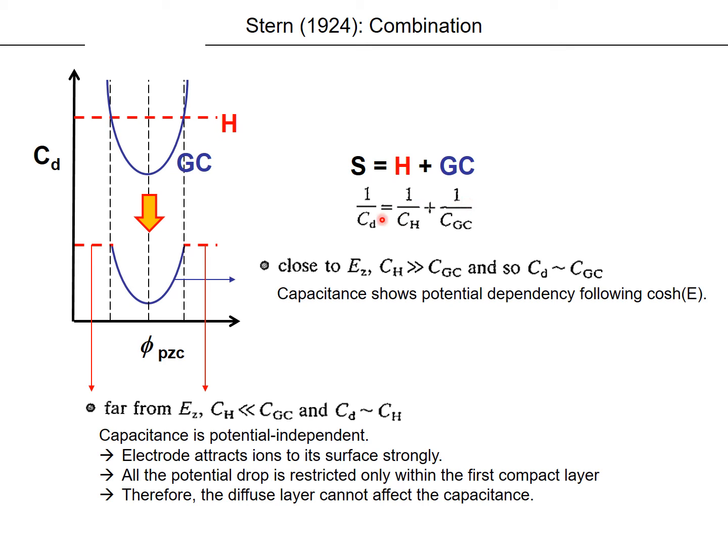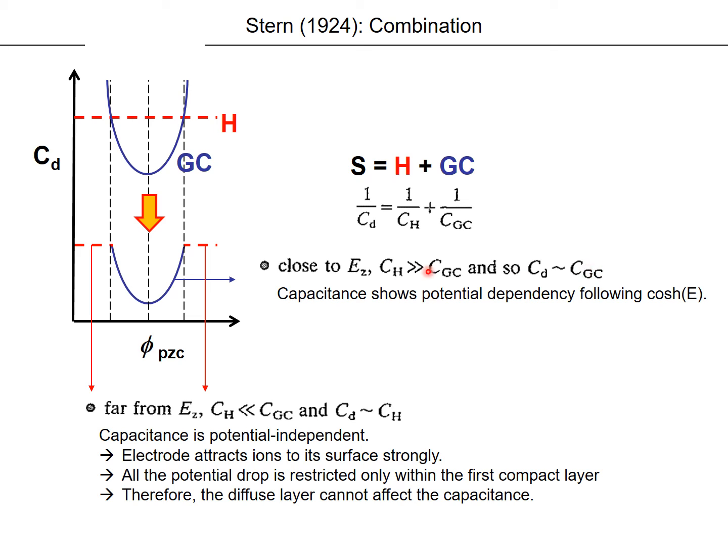So the overall capacitance could be dominated by the Gouy-Chapman model. So it means the capacitance value of the double layer is approximated by the capacitance expected from the Gouy-Chapman model.